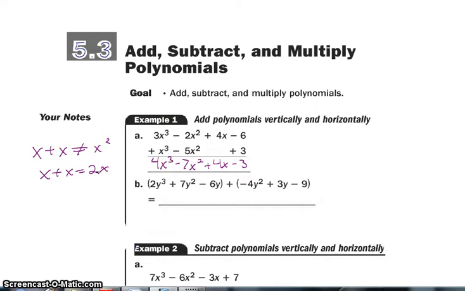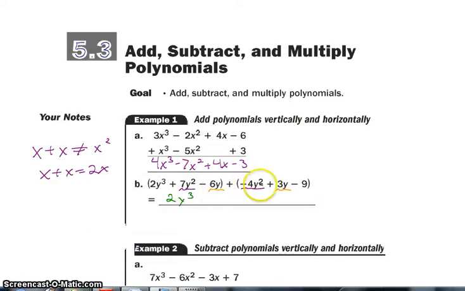So here they are written horizontally. Until you get really good at it, it might be beneficial to you to identify what has the exact same variable and exponent. You may choose not to, but so long as you have everything correct, then you're totally fine. So we see there's no other y cubed, so we have 2y cubed.